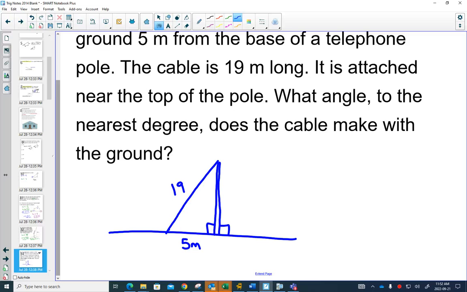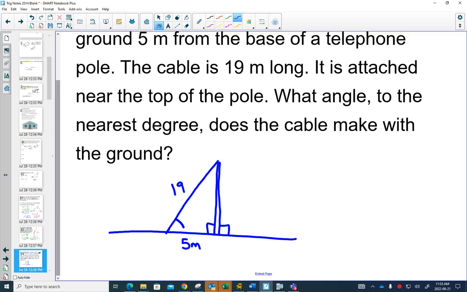We want, to the nearest degree, what angle does the cable make with the ground? So when we're asking for an angle, well, this 90 is the angle between the telephone pole and the ground. This angle would be the angle between the telephone pole and the wire.